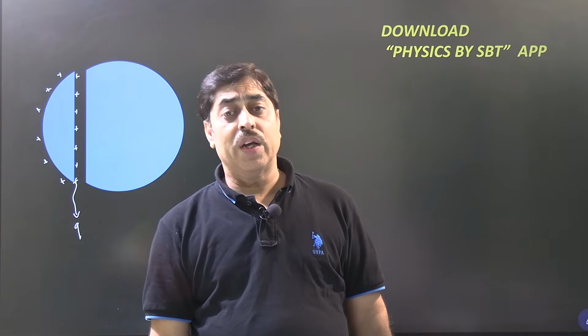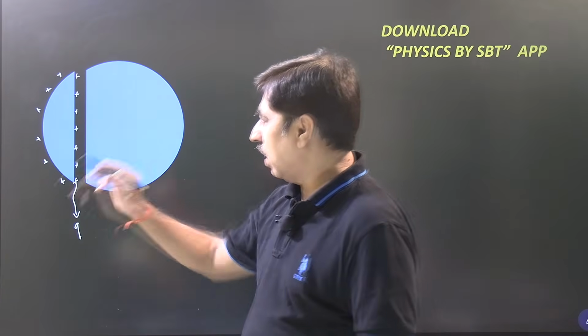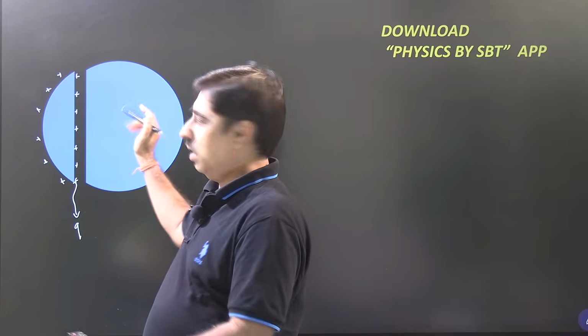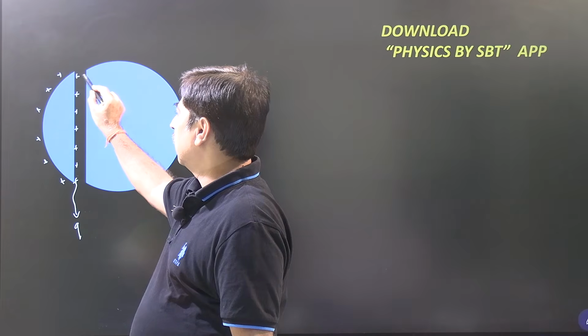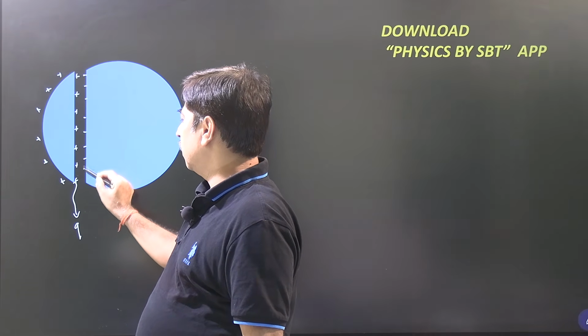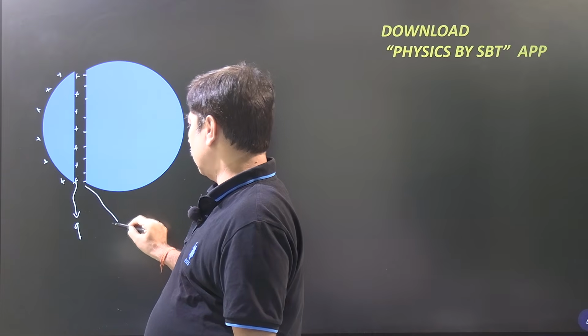I hope all of you can understand that the face in front of this circular face, I mean this wall, will have charge of minus q on it.